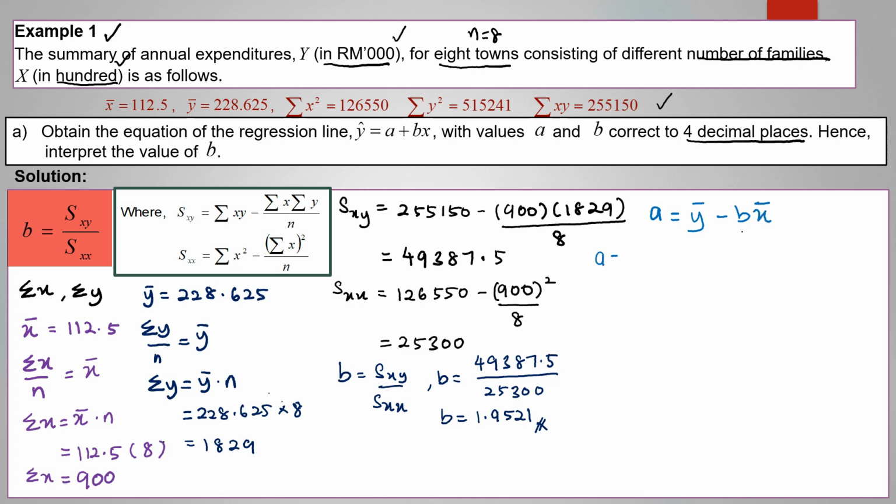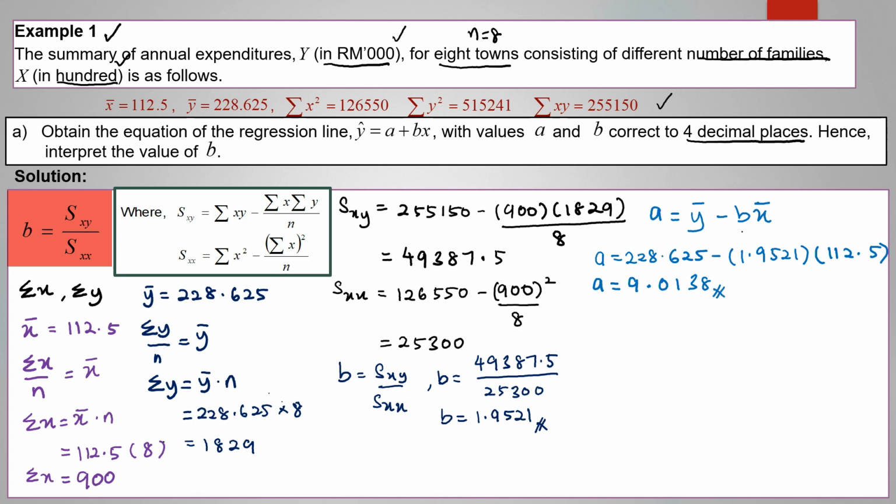So a is equal to y bar, 228.625, minus b, 1.9521, times x bar, 112.5. Press your calculator and you will get a equal to 9.0138. So this will be the value of a.